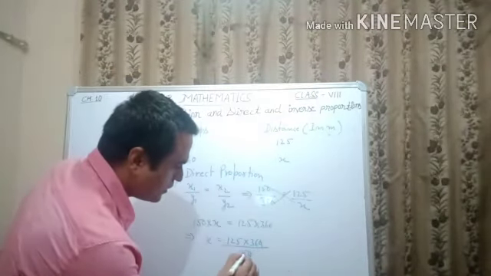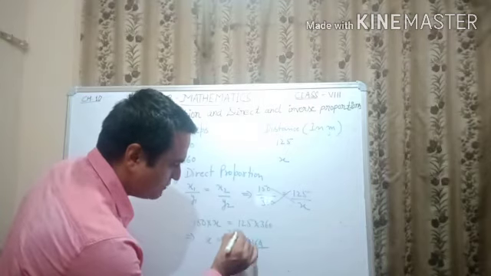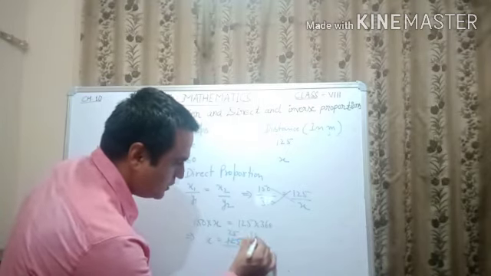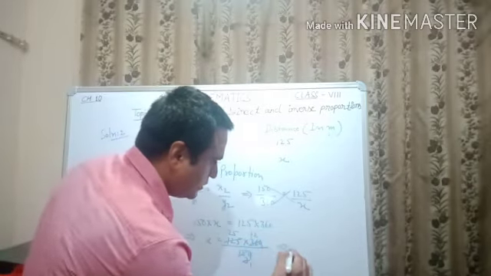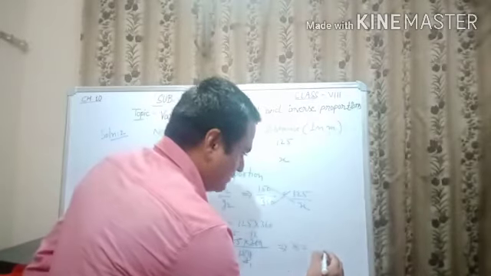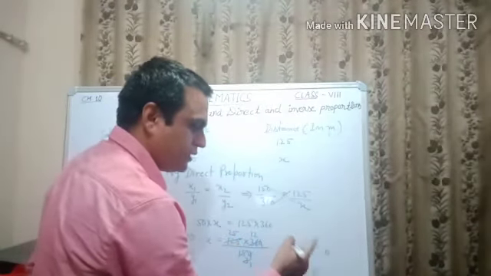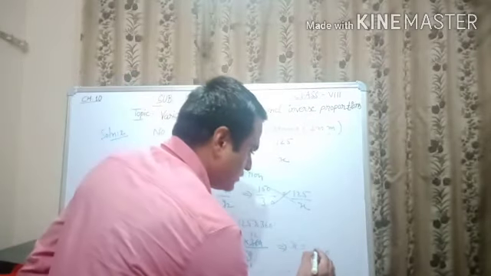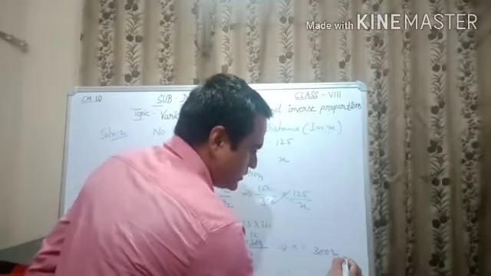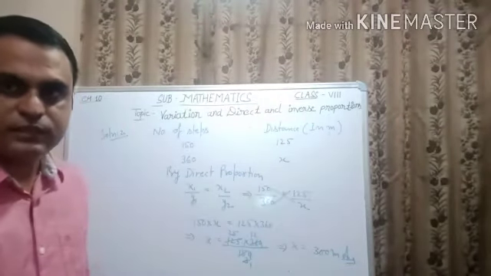Now 5 3s are 15, 5 2s are 10 and 5 5s are 25. Now 3 1s are 3, 3 1s are 3 and 3 2s are 6. Here the value of x is equal to 25 into 12. 12 5s are 60, 12 2s are 24, 24 plus 6, 30, so 300 meters. This is our answer. I hope you understand this concept.